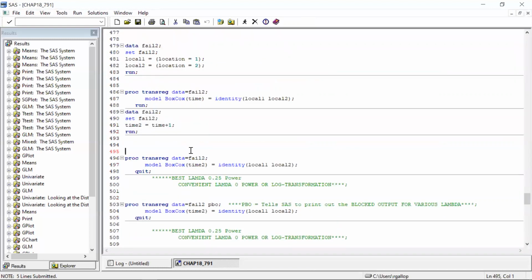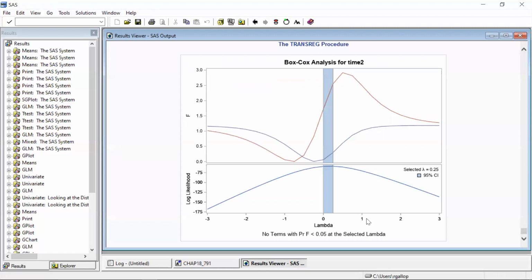Then I'm running the Box-Cox on the shifted transformation, which tells me that in this data, the optimal Box-Cox transformation is raising the outcome to the 0.25 power. The 0.25 power means the 4th root, not one of your more common roots like the square root or even the cube root. This is the one that most normalizes the residuals.